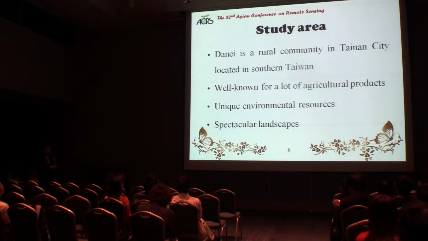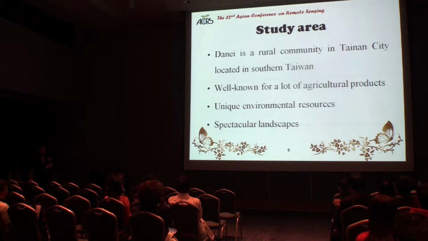The study area is Dane community. Dane is a rural community in Tainan City, which is located in southern Taiwan. It is well known for a lot of agricultural products and unique environmental resources, and it also has many spectacular landscapes.